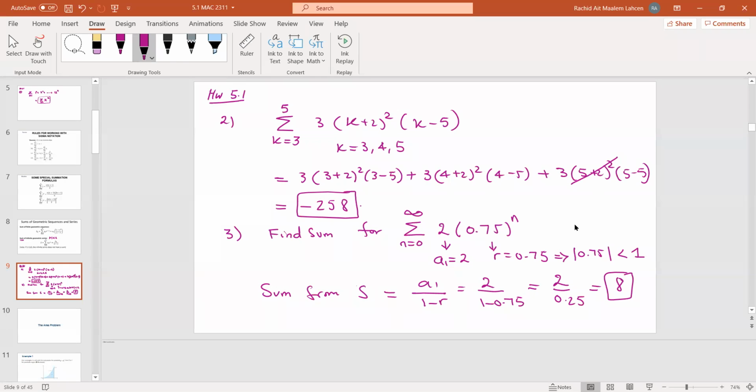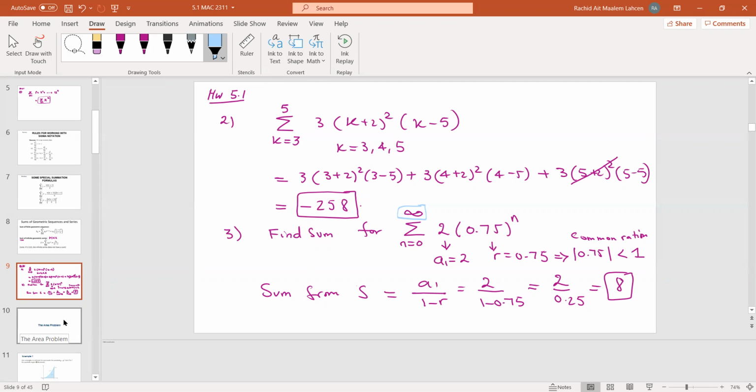So you see this common ratio has an absolute value that is less than 1. And you also see that this is infinity, right? So infinity means how many terms you can create and add. So this is where these formulas are useful for geometric series, and there is also arithmetic series that you can review.